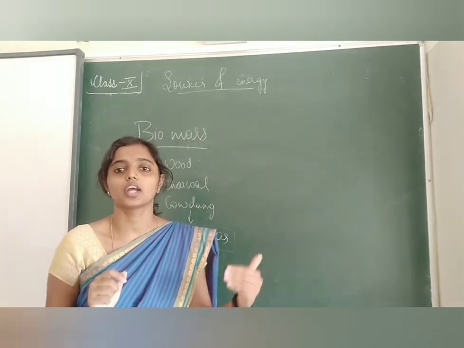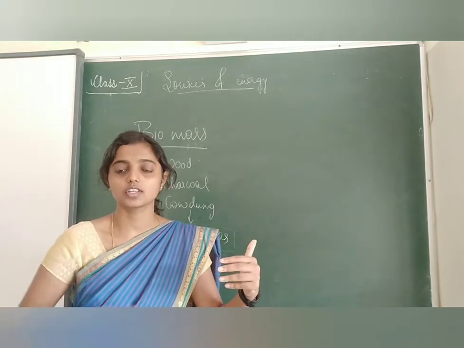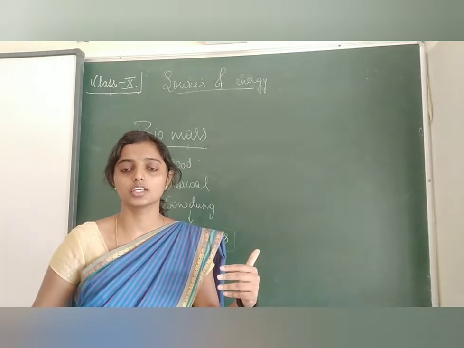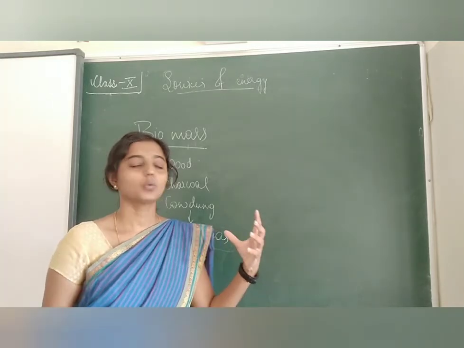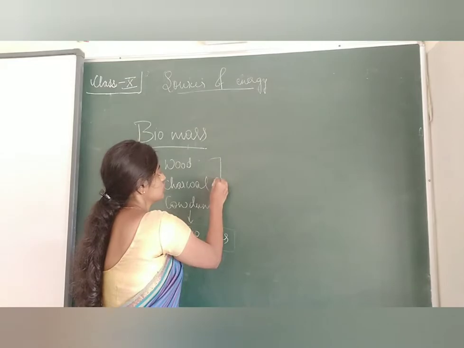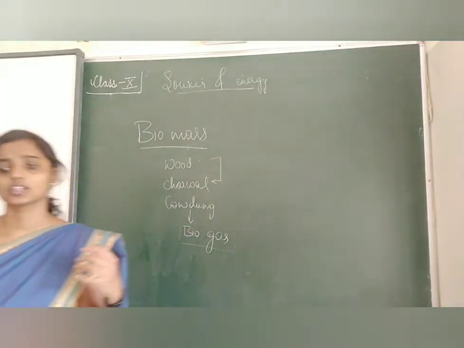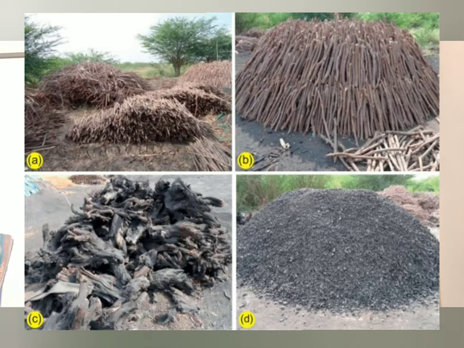So to improve that, the technology used here is converting this wood into charcoal. Look at this. That means by improvement in technology, we can improve the efficiency of this traditional source of energy. Wood can be converted into a much better fuel called charcoal.